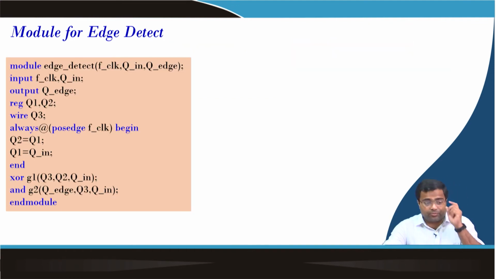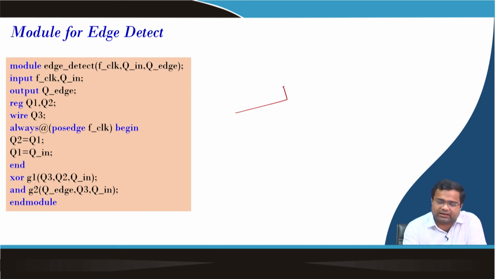Okay. So the edge detection module is simple. We are talking about the positive edge detection. Whatever signal we are getting, we delay it by another signal.